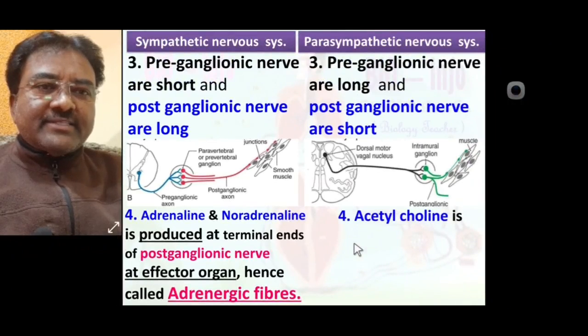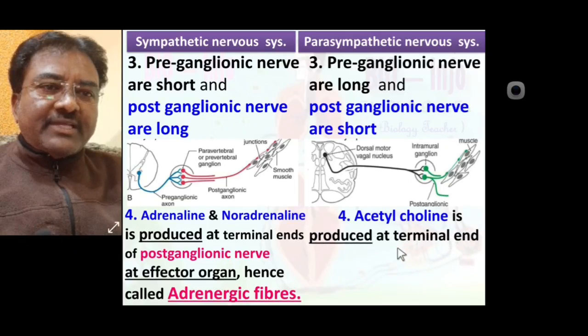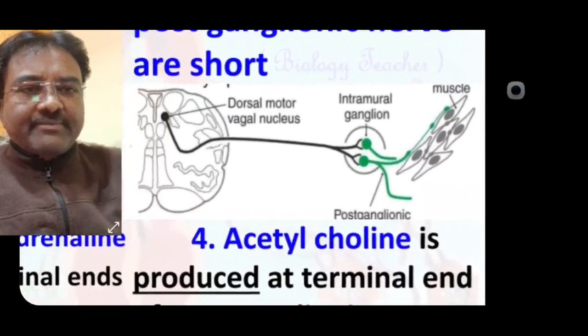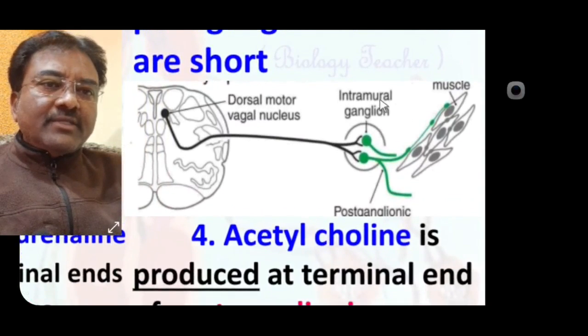In the parasympathetic nervous system, acetylcholine is produced at the terminal end of the postganglionic nerve. Seen here, the postganglionic nerve is present between the autonomous ganglion and the effector organ.